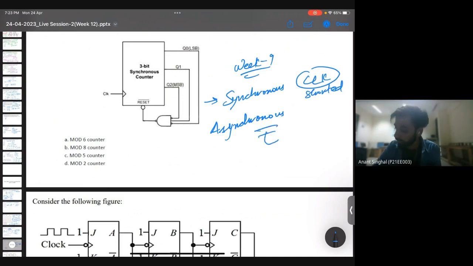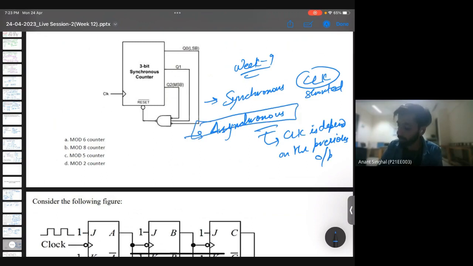In asynchronous, the clock is dependent on the previous output. You should know how to realize asynchronous type questions, because these are quite tedious to solve, as they require more conceptual and fundamental knowledge.